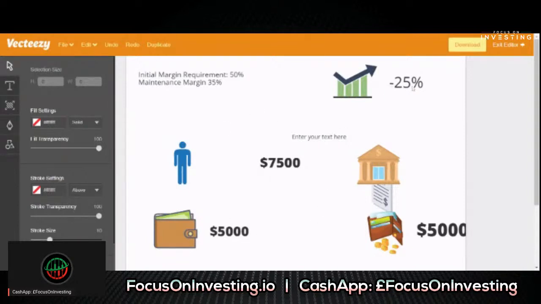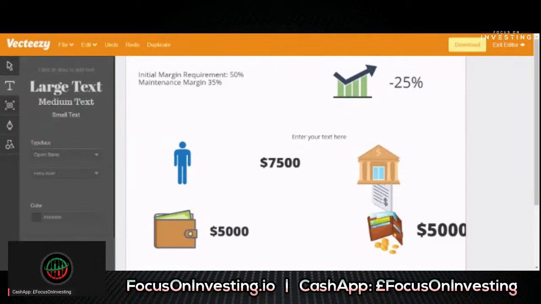That trade, we lost 25%. So that trade is now worth 7,500, right? We give back our 5,000 to the broker, and that would leave us with 2,500, right? I just want to make sure that everybody is clear, right?